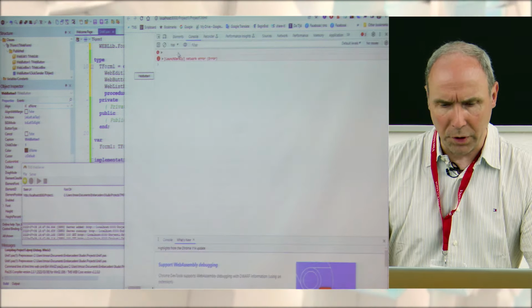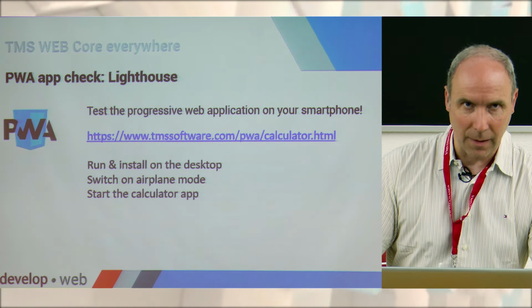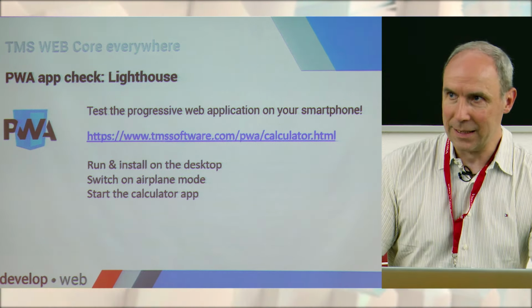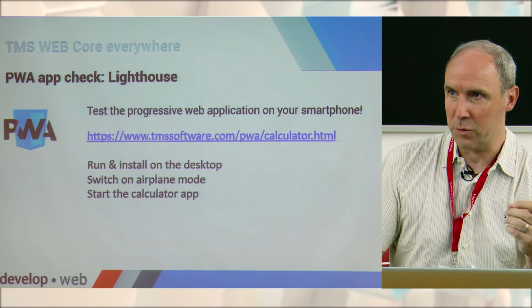So if you navigate with whatever device you have to www.tmssoftware.com/pwa/calculator.html, you will see this application on your device. You will have the opportunity to install that on your home screen and start it from your home screen.